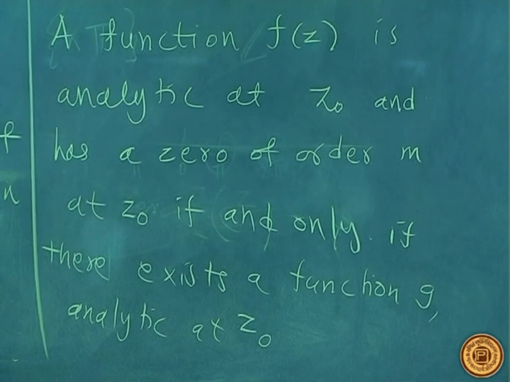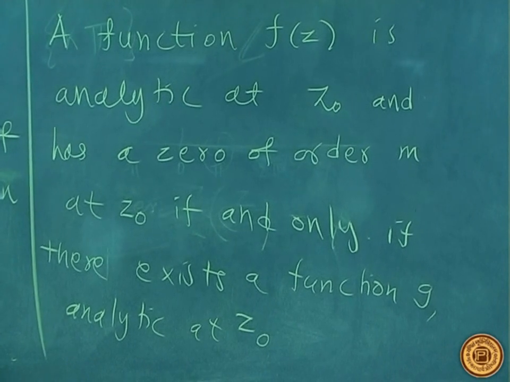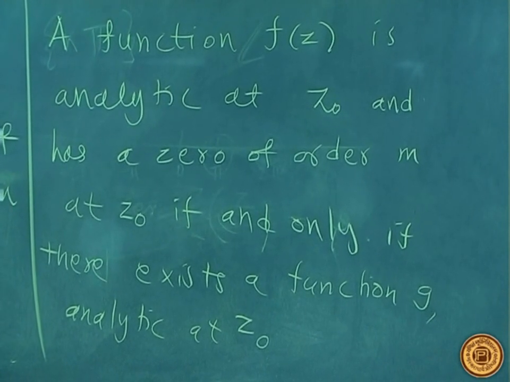See, a polynomial is this into some polynomial. So I expect that f(z) is (z minus z naught) to the power m into g(z).